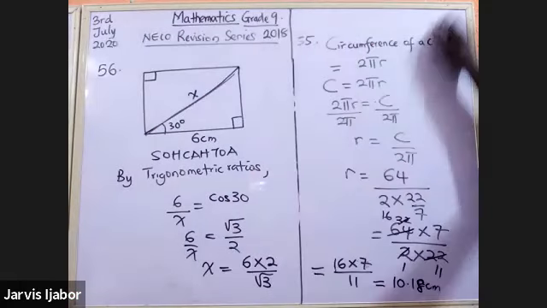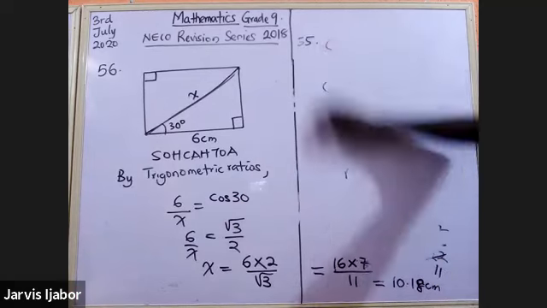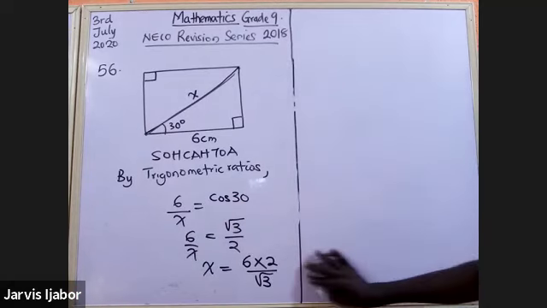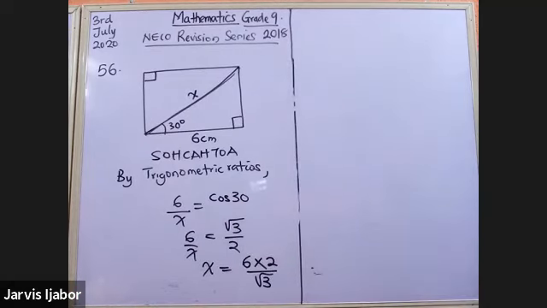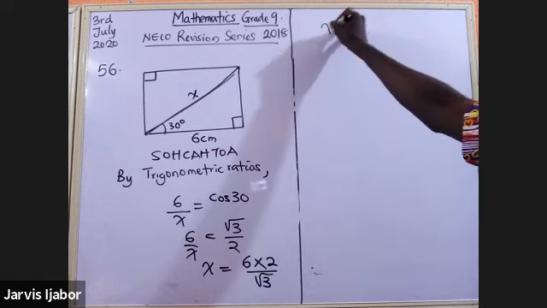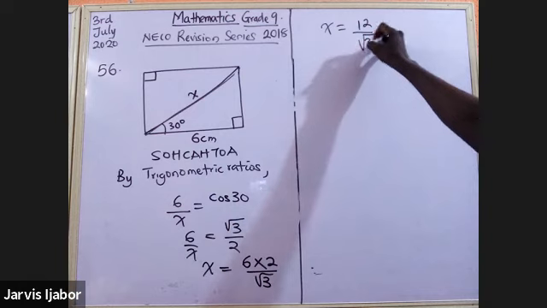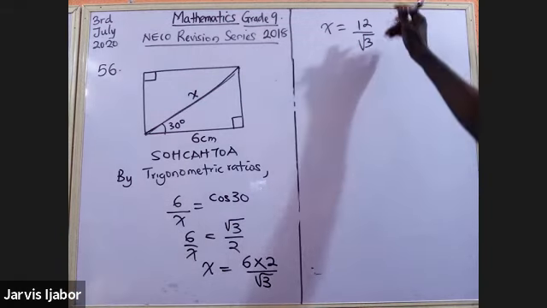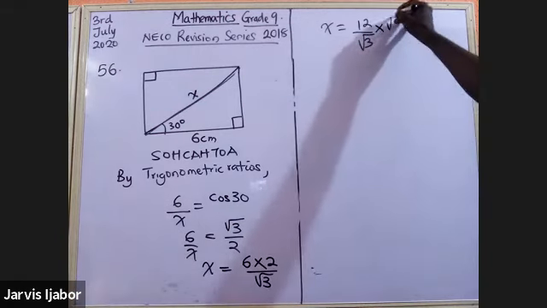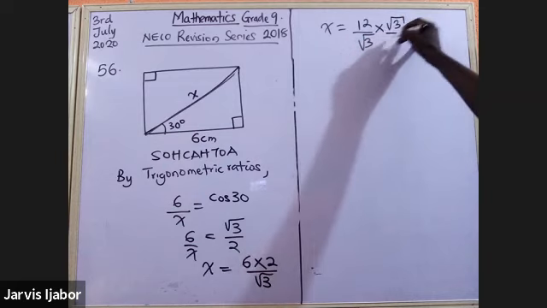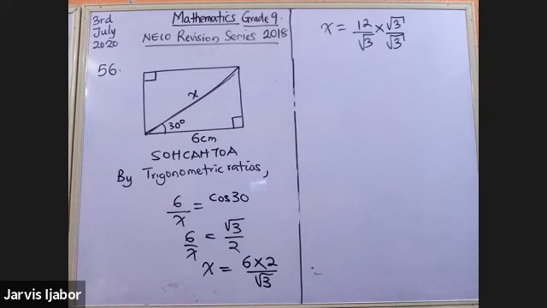So, we will wipe this part off and let's see if we can finish that. This will give me x equals 12 over root 3. What I will do next is multiply the numerator and the denominator by root 3.